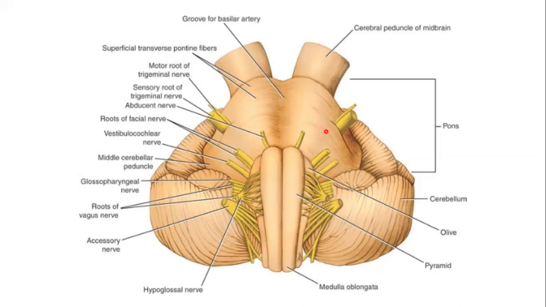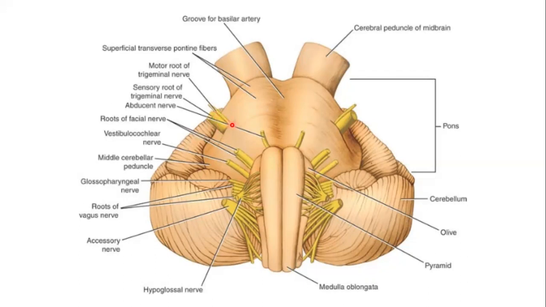Then as we go anterolaterally, these are the two nerve roots of our fifth cranial nerve, the trigeminal nerve. It has a medial, smaller root, which is the motor root, and a lateral, larger root, which is sensory.